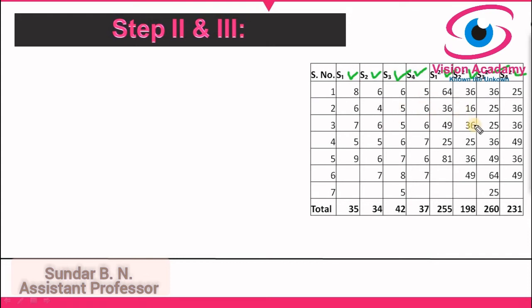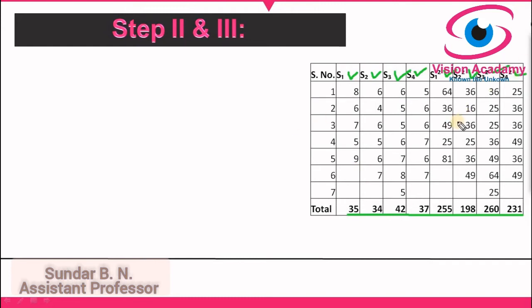After squaring all the sample data, we have to add all the sample data and squared data. The total of school 1 is 35, school 2 is 34, school 3 is 42 and school 4 is 37. The sum of squares for school 1 is 255, school 2 is 198, school 3 is 260 and school 4 is 231.